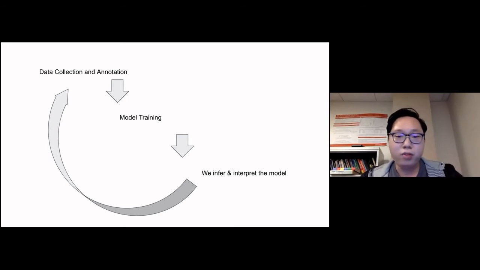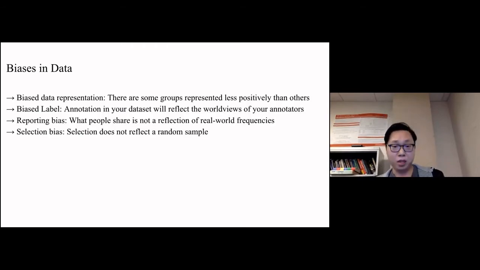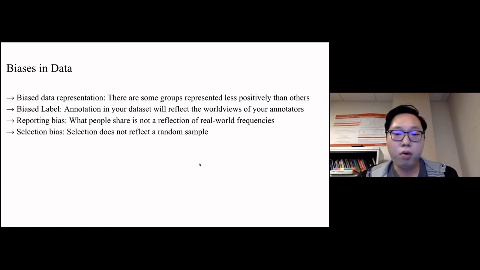First of all, for supervised learning tasks, it's impossible to train a model without training data or human annotated datasets. Those data are painstakingly collected and annotated by humans. And after training the model, before and during the model application process, we need to interpret those models to get more knowledge about the task.